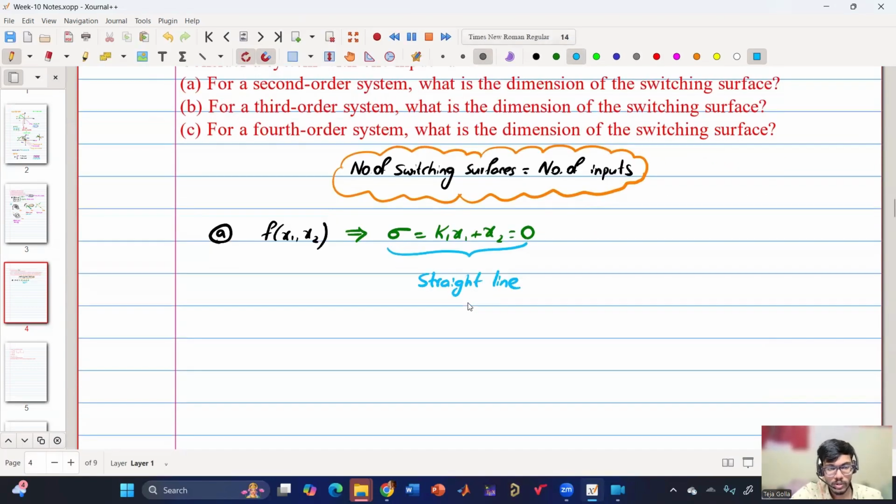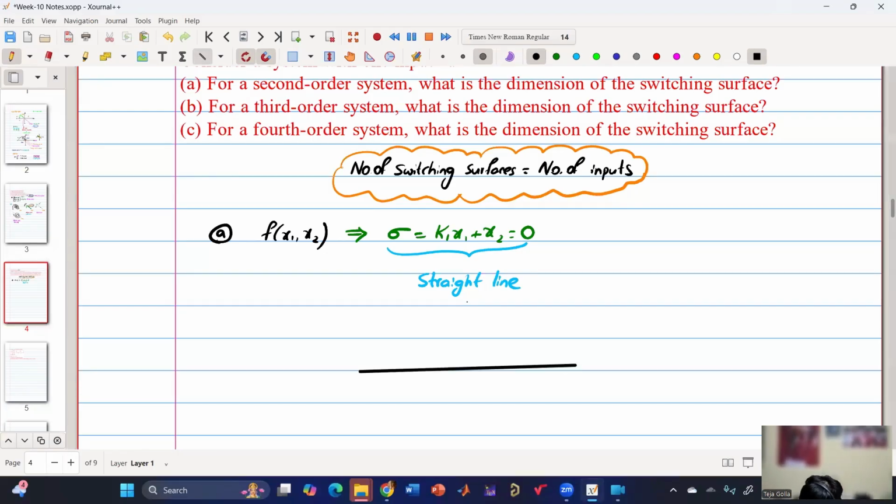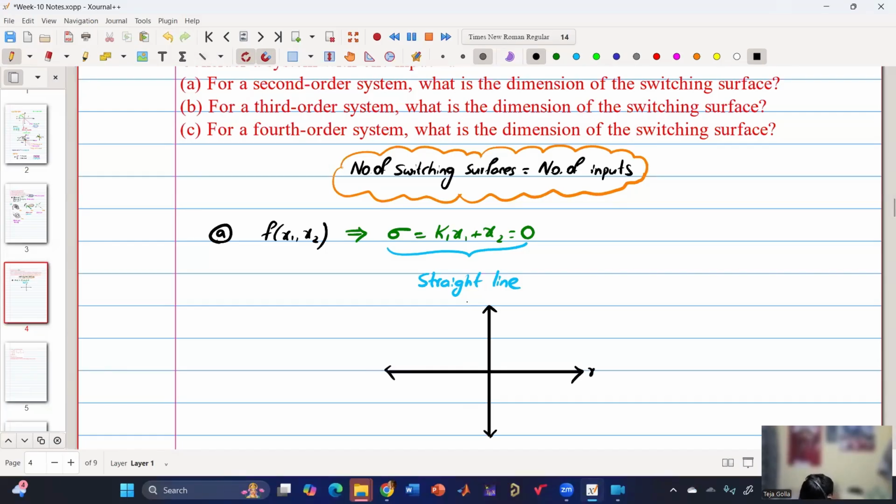If we draw, because it's 2-dimensional, we have something like this, x1 and x2. We have a line passing through the origin.